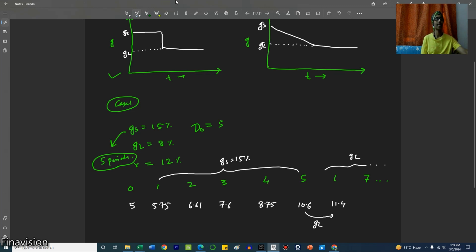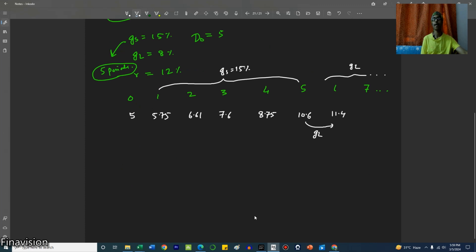Now let's calculate the present value. We have calculated the values at t is equal to 1, 2, 3, 4, 5, 6, etc. Now from here we have to calculate the present value.